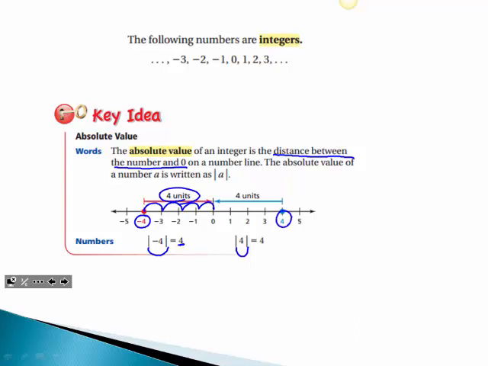If we are trying to find the absolute value of 4, we're trying to figure out how far is it from 0. 1, 2, 3, 4. It is 4 away from 0, which is why our answer is 4. All right? So that's the definition of absolute value, the distance between that number and 0.